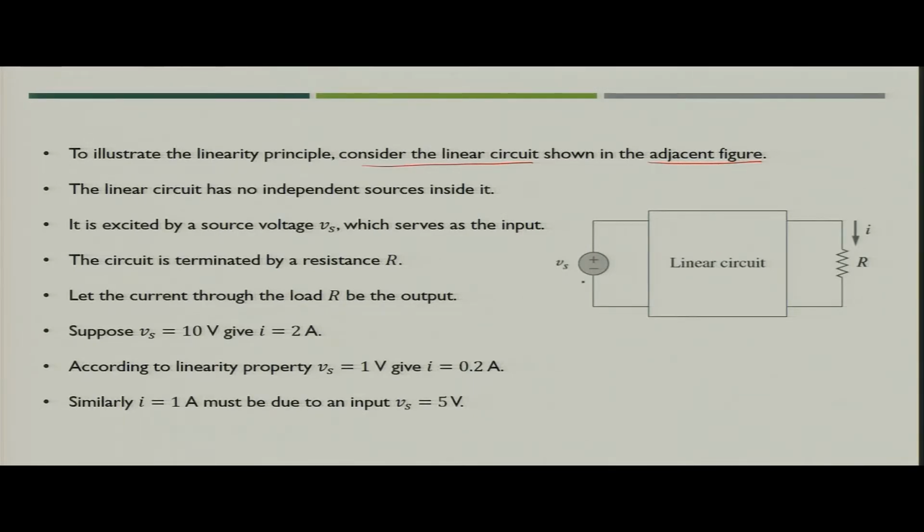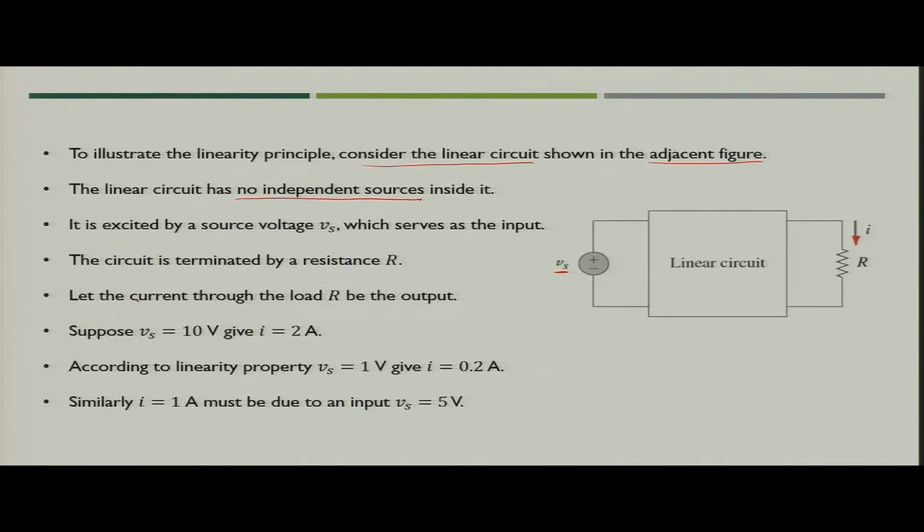We know that some input is being applied, that is Vs, and we are finding the value of current flowing through the resistor R. The assumption is that there is no independent source inside the linear circuit. So the source is only Vs and the output which we want to measure is the current flowing through resistor R.